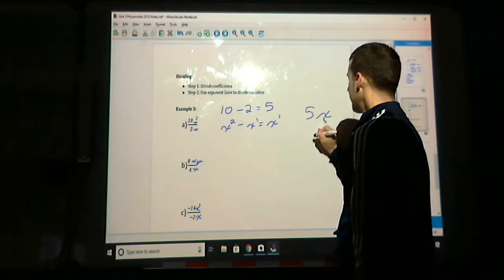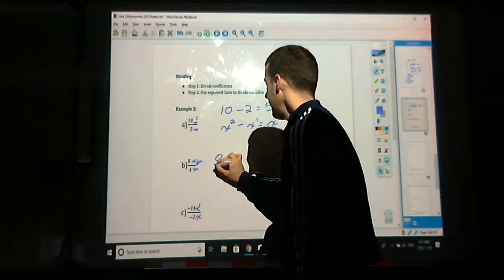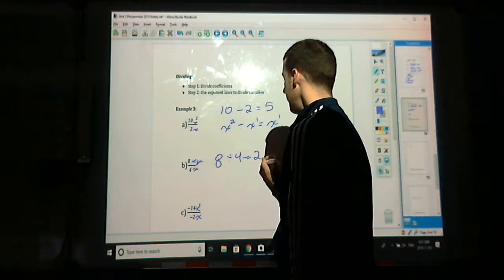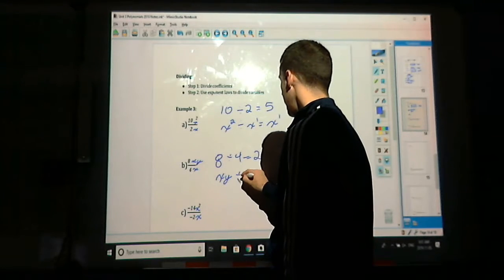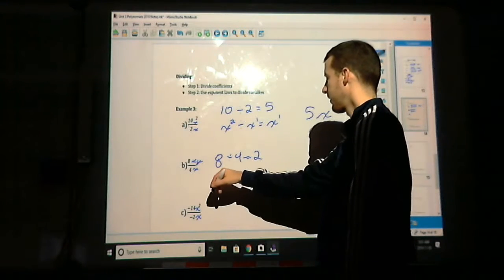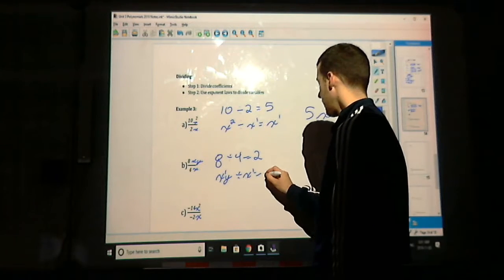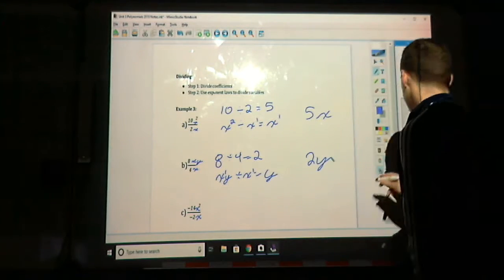Final answer, 5x. Same rules can apply over here. 8 divided by 4 is equal to 2. xy divided by x, our x's cancel out because x to the 1 and x to the 1 subtracting, so all we're left with is y. So we end up with 2y.